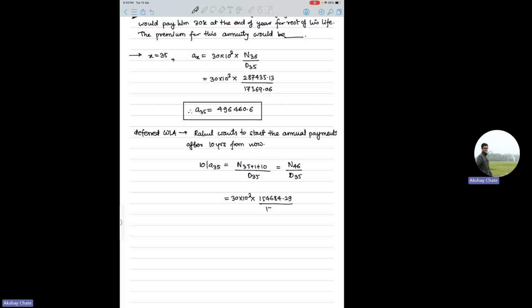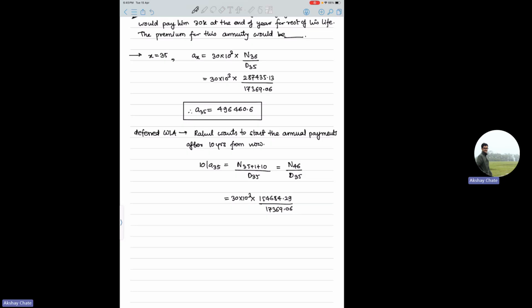So that is 154,684.29 divided by D35, which is the same 17,369.06. If you do this, you get a factor of around 8.9 only.